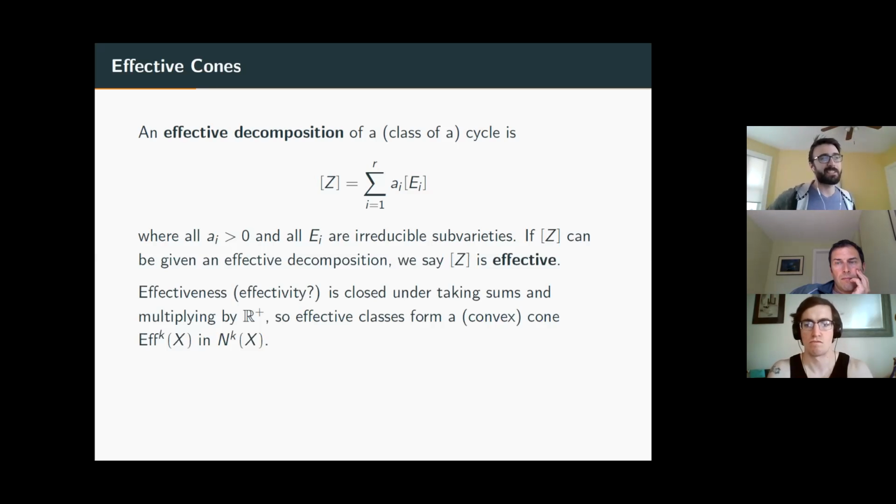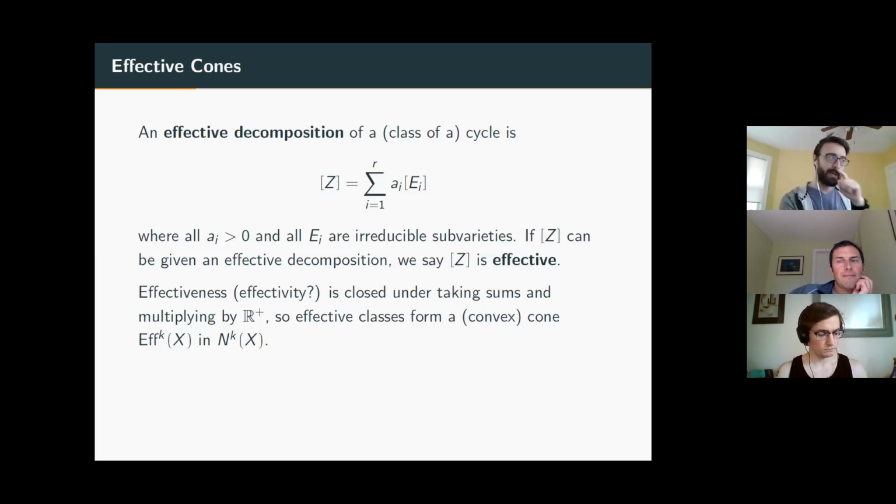Okay, so effectiveness or effectivity, one of the two. Being effective is closed under taking sums, kind of obviously by the definition, or multiplying by positive real numbers. And what this means is that if you take all of your effective classes of a given codimension, they form a cone in the vector space. And this cone, it's a convex cone, is the cone of effective classes of codimension k.